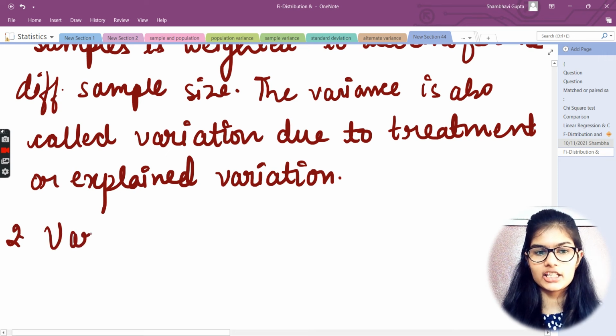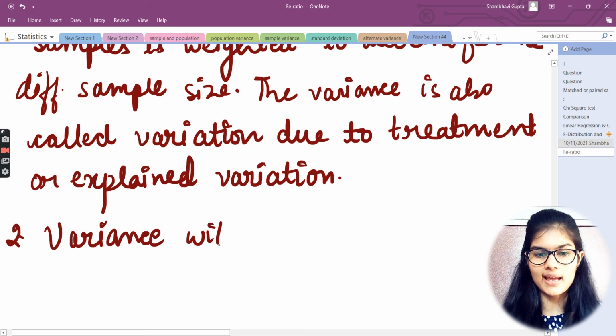Next we have the second one, the variance within the samples.